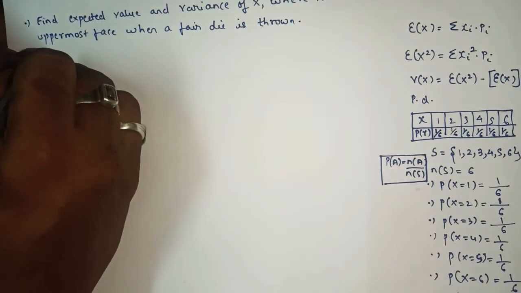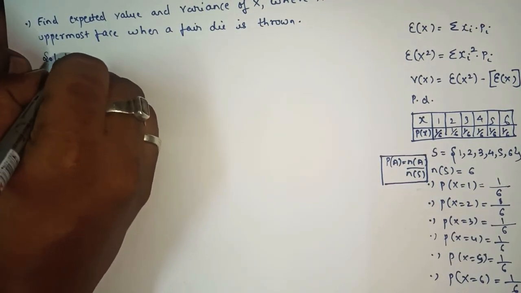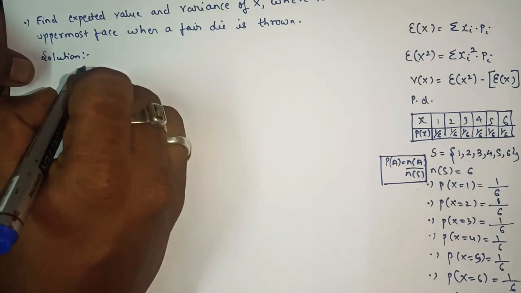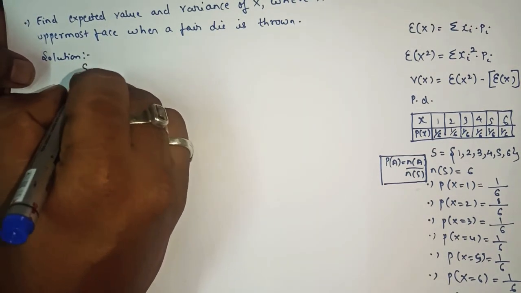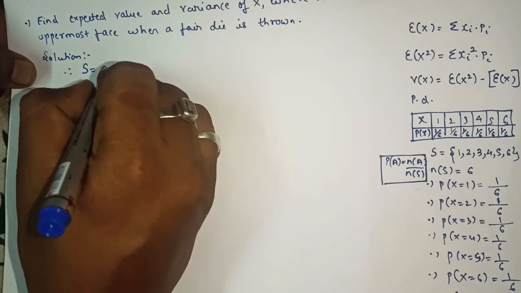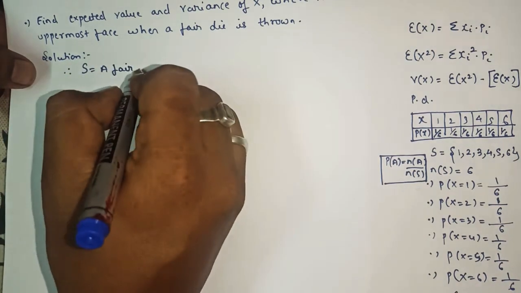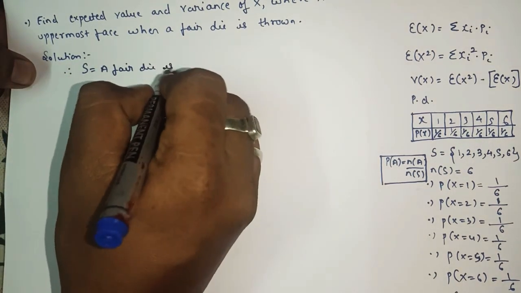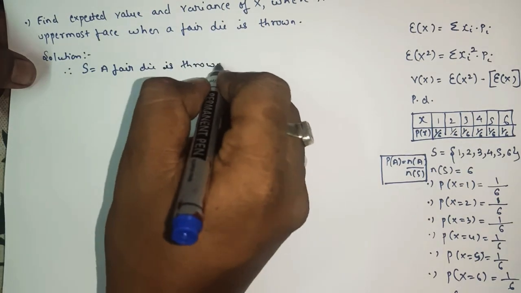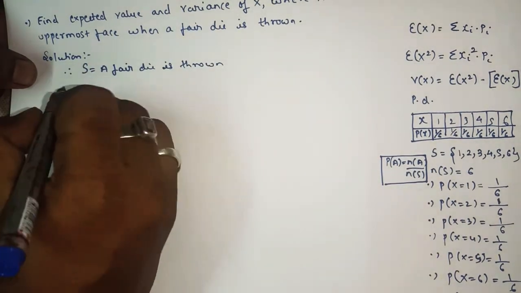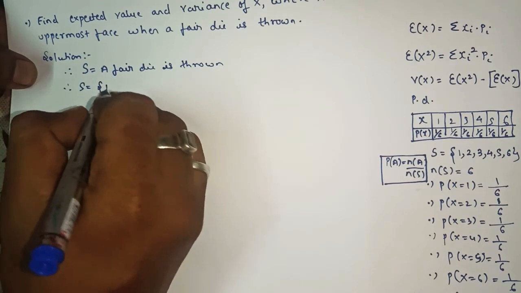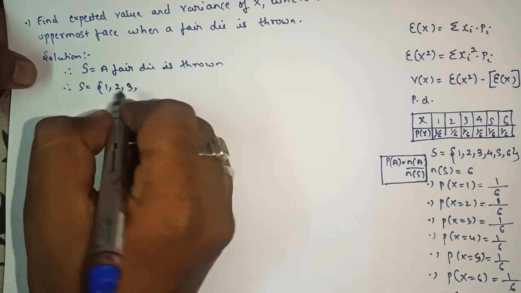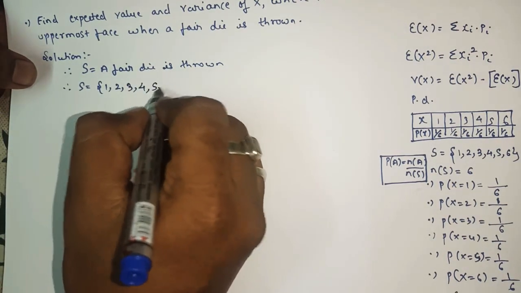So first step, you will write: let S be a fair die is thrown. So the sample space will be what? 1, 2, 3, 4, 5, and 6.